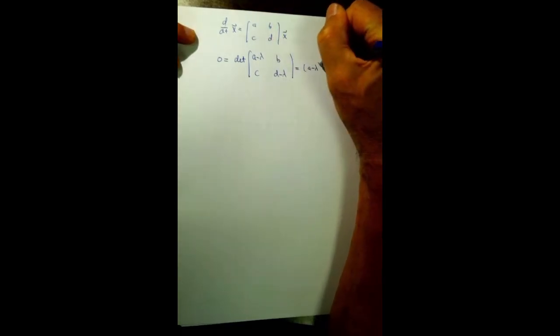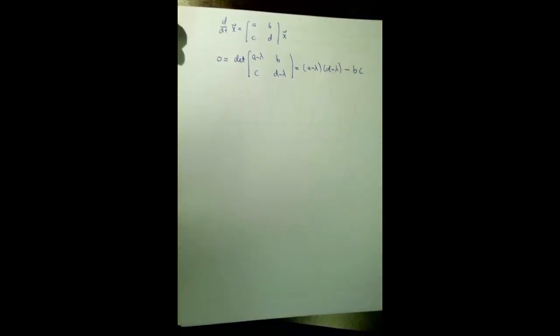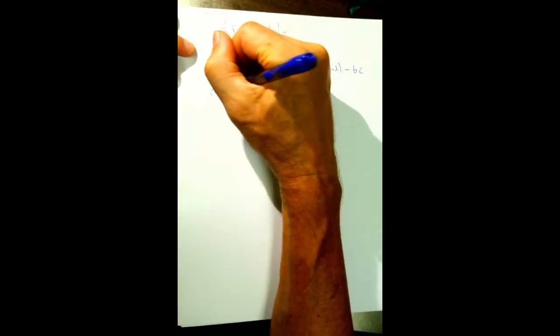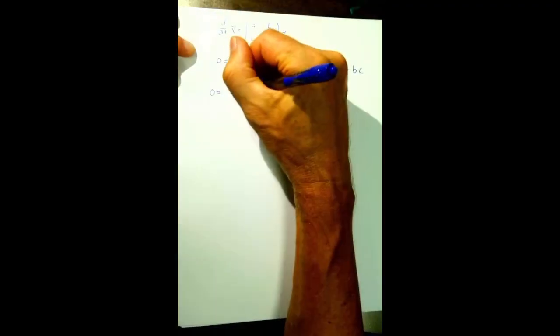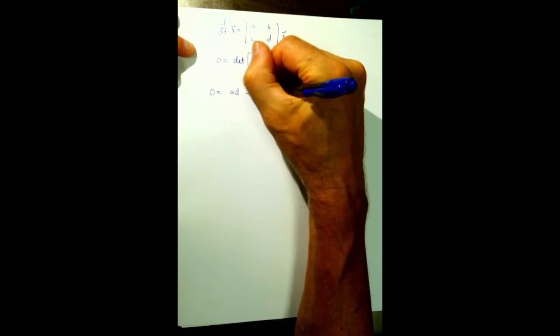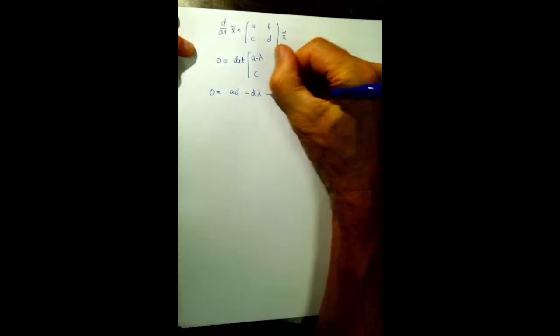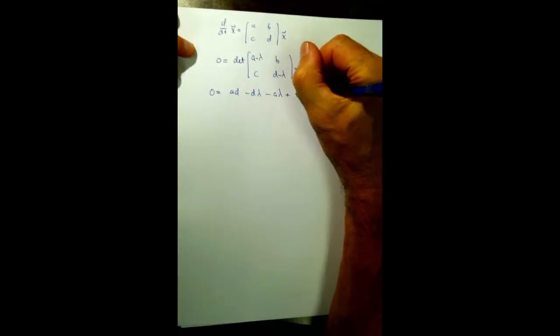So I multiply the diagonals to get A minus lambda times D minus lambda, then minus B times C. All right, let's expand that out. So I'm going to get AD minus D lambda minus A lambda plus lambda squared. So I FOILed that out. Subtract BC.